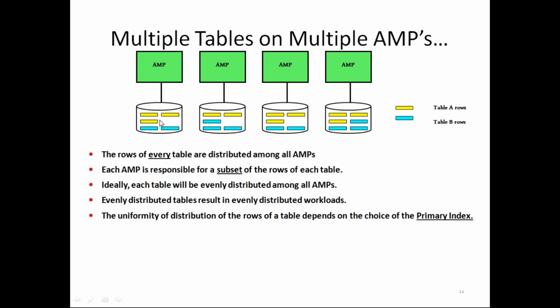So we have to ensure the data should be distributed across all the available virtual disks so that all amps together work parallelly on their portion of the data and then can give the data back. So the data distribution plays an important role in Teradata, which can enable all the components work parallelly and process the requests parallelly. Okay. So the rows of every table are distributed among all the amps.